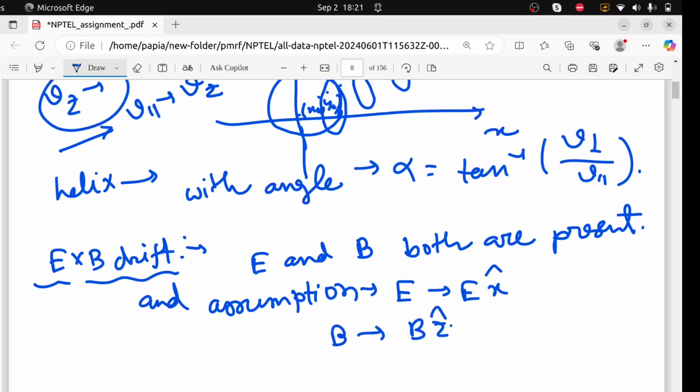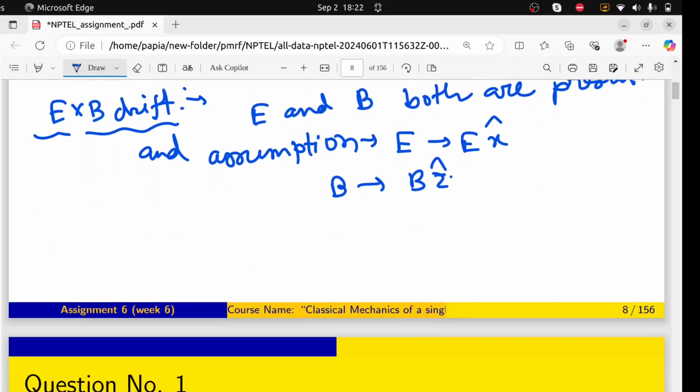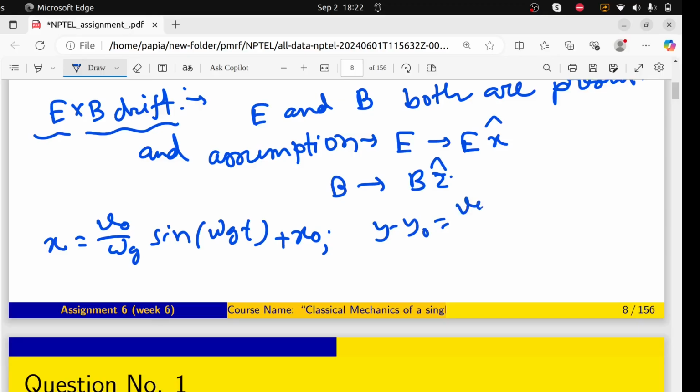So both are perpendicular to each other. Then what will be the solution for this case? If I talk about the whole solution, x is V0 by omega z sine omega z t plus x0, and for y I can write y minus y0 equals V0 by omega z cos omega z t minus E by B into t.